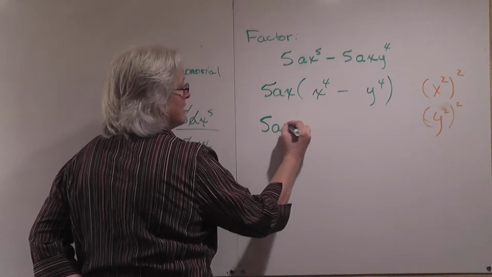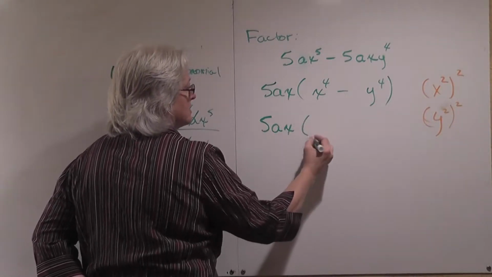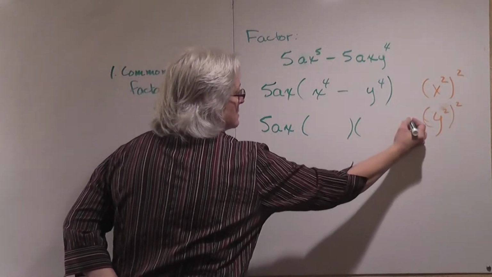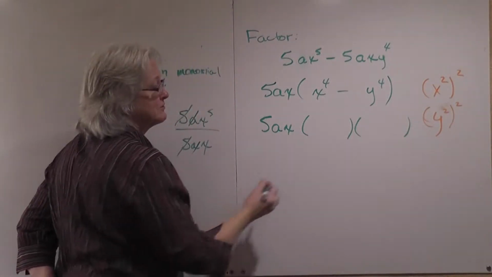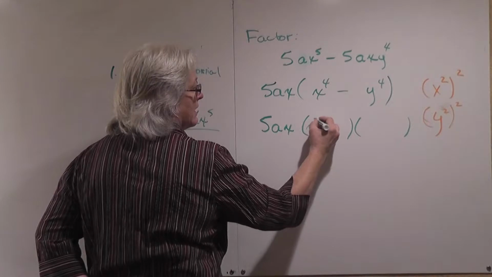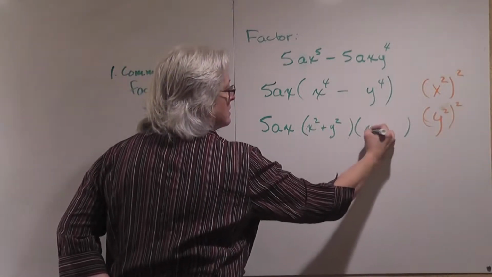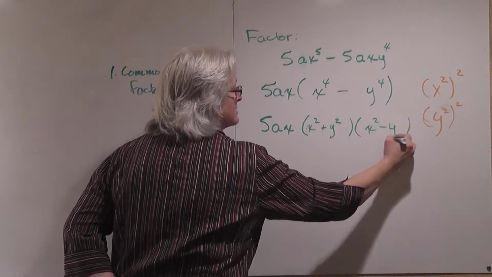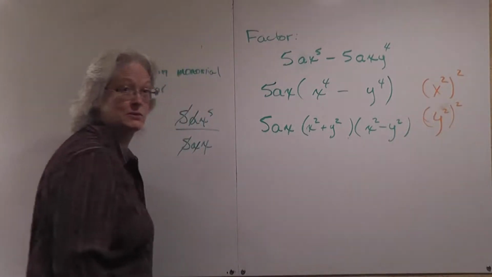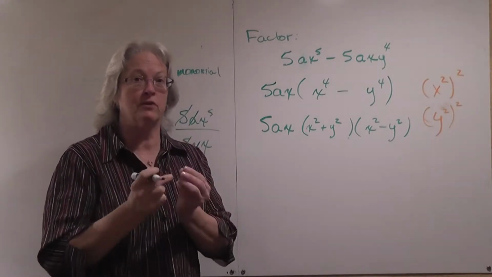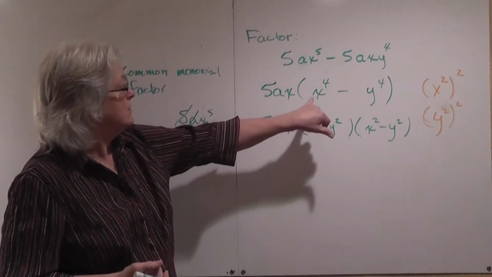So once we have recognized this, we can factor our difference of two squares. X squared plus y squared, x squared minus y squared. Do you see what we did here? Listen to the vocabulary that I used.